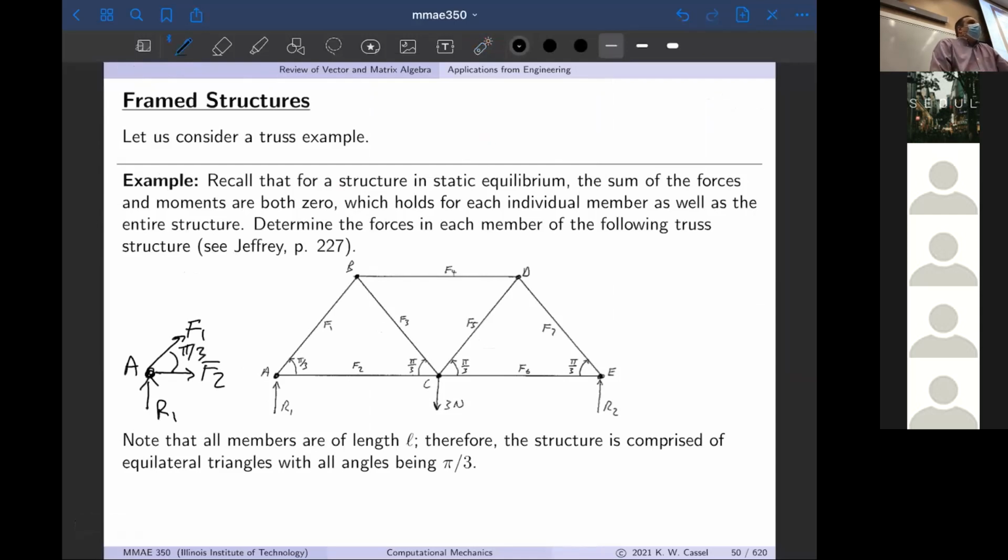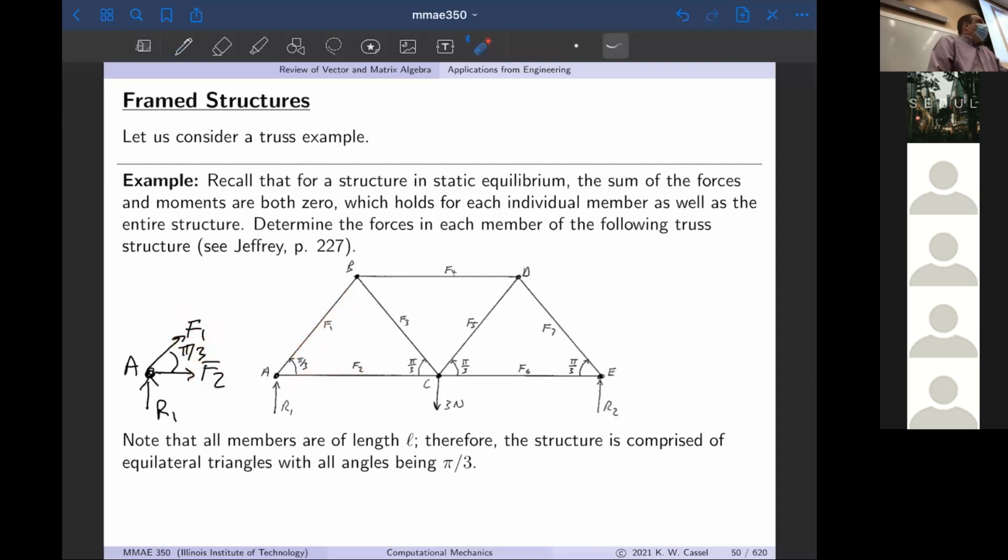Remember, when you do free body diagrams, you extract the piece you're analyzing, and everything that gets cut away is replaced by its associated force. In this case, you're cutting these two members, so you replace them with the forces in those two members, F1 and F2.